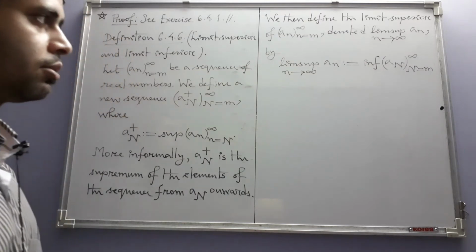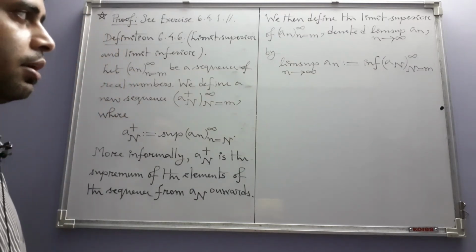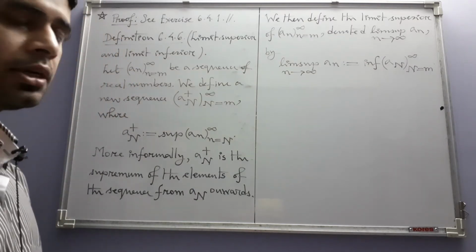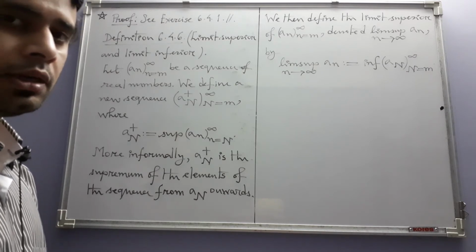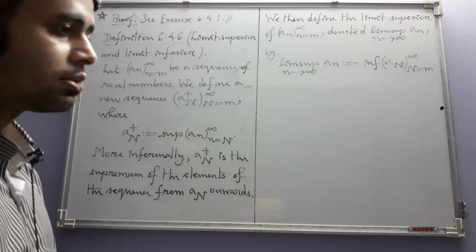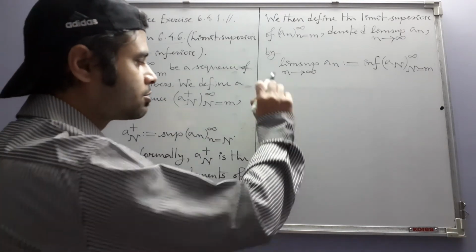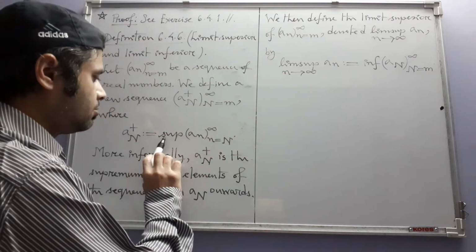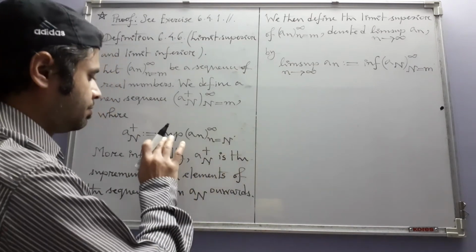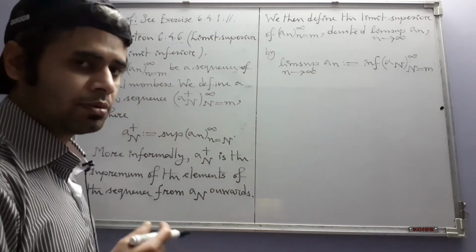It may look quite confusing at first. The limit superior of the original sequence is the infimum of a sequence of suprema. When you see limit superior, first you consider suprema, and then you take the infimum of all the suprema.